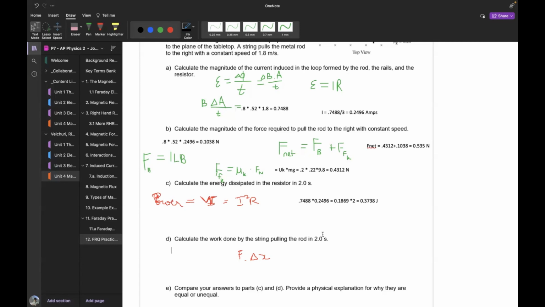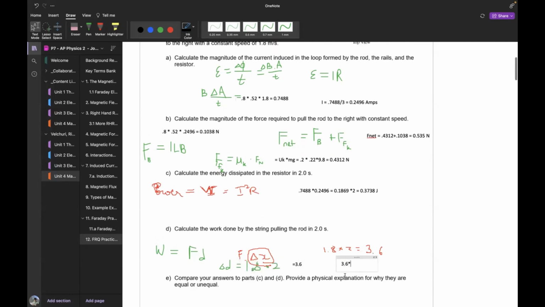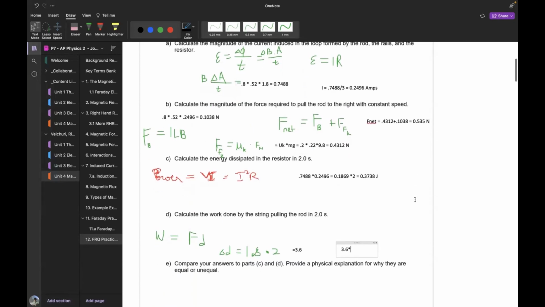Yeah. This is 1.8 times 2, 3.6. Work done equals heat dissipated.